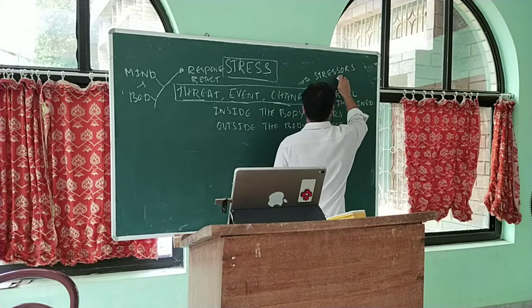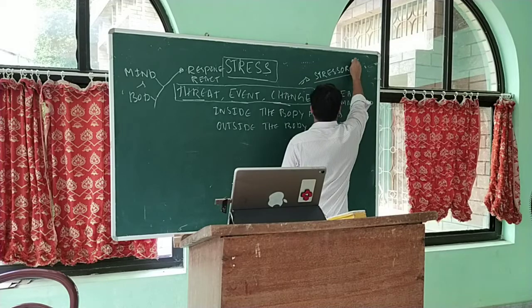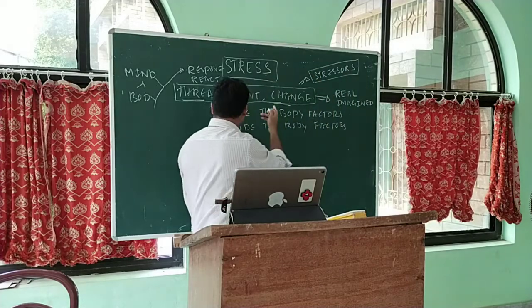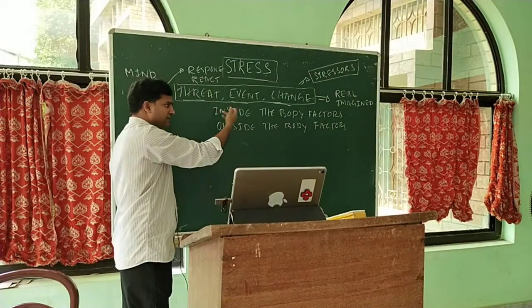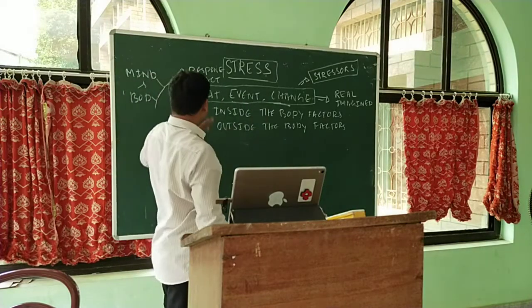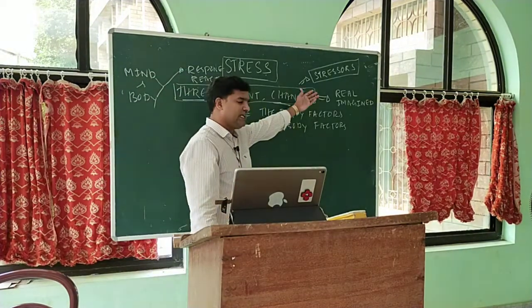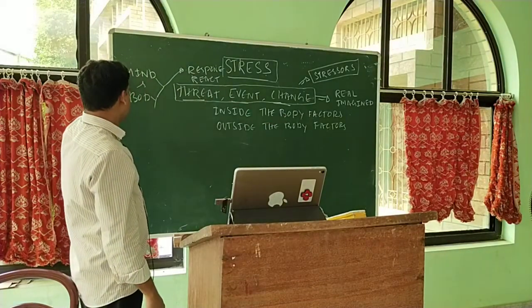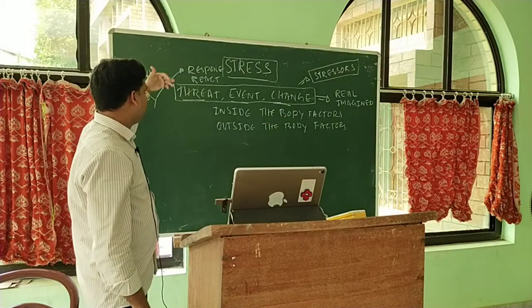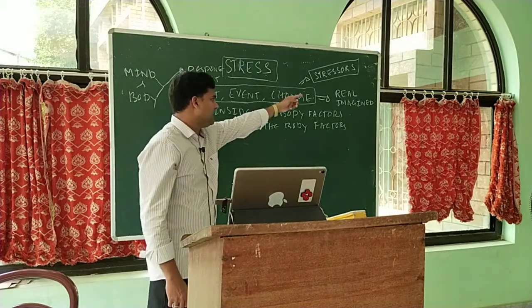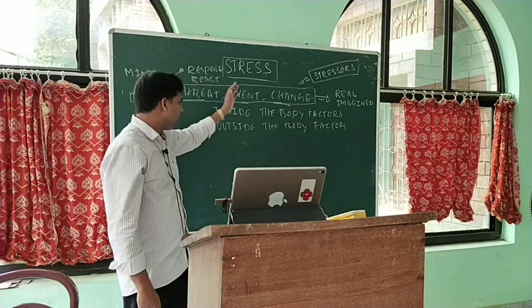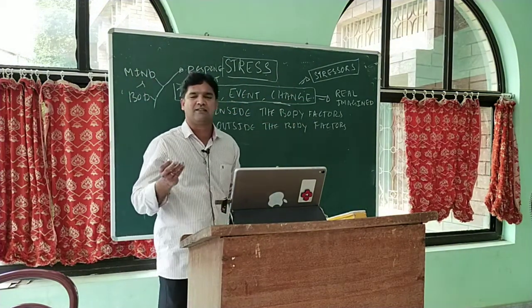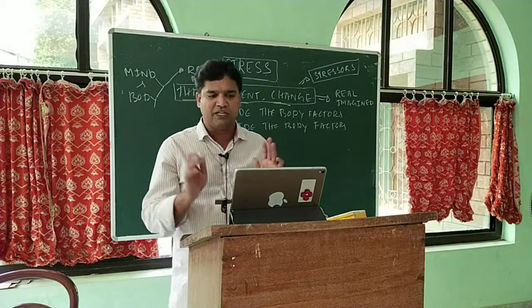It's very important to understand this word, stressors. What are the stressors? It can be a threat, an event, or a change, and these can be real ones or imagined ones. That is how our mind and body respond or react to a real or imagined threat, event or change. It's called stress. It's a simple definition for stress.